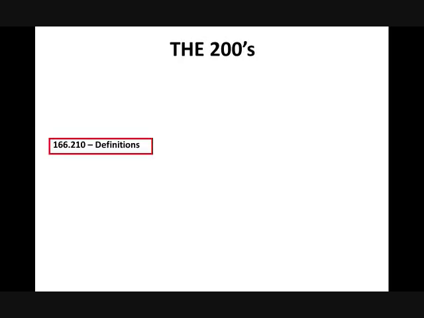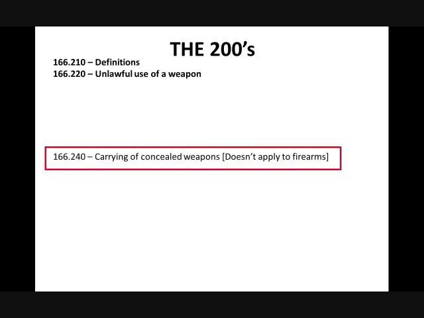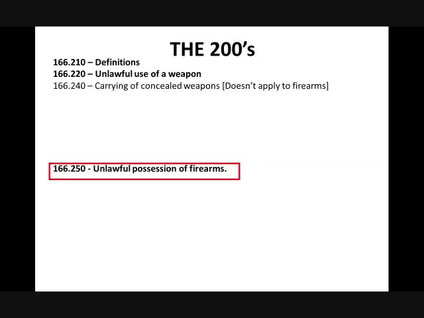166.210 gives us a few of the definitions we've already seen in an earlier video. 166.220 covers unlawful use of a weapon. 166.240 is about carrying of concealed weapons, but it's about knives and other weapons, not firearms. So we're going to skip that one. 166.250 covers unlawful possession of firearms and is one of the main sections you need to know if you don't have a CHL.